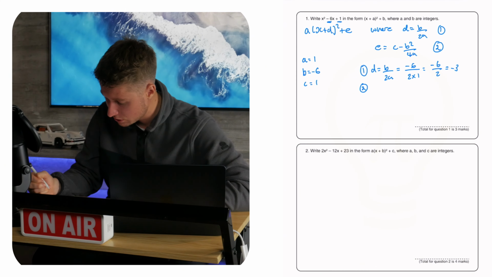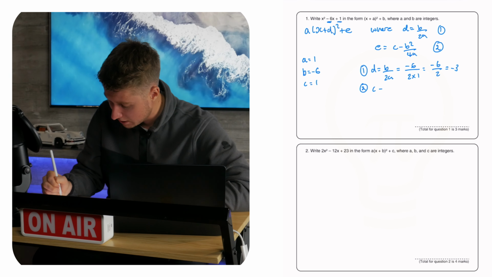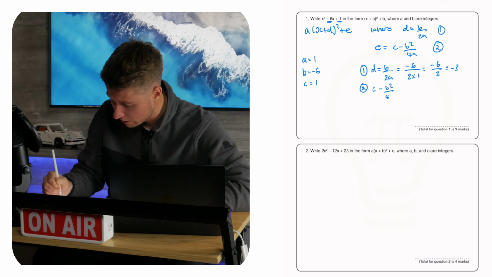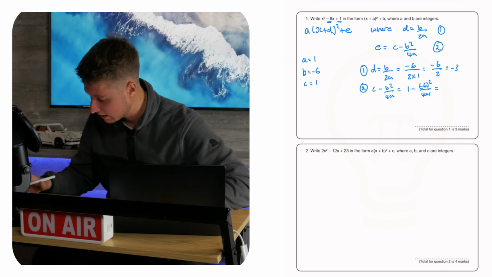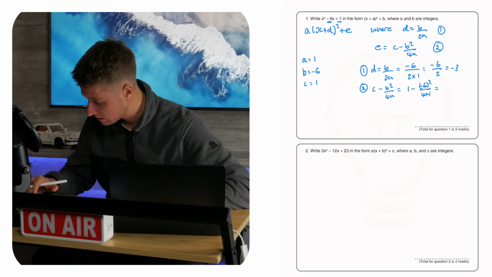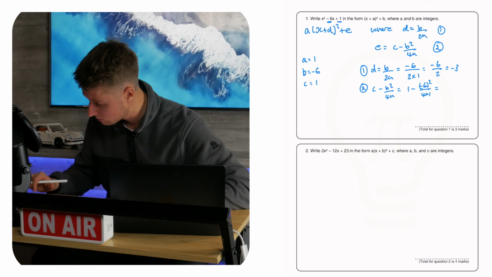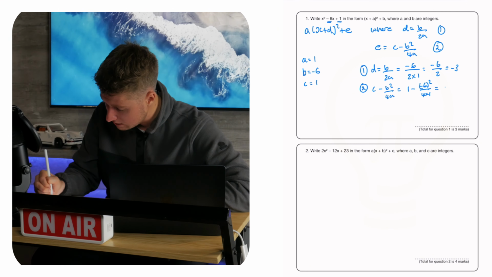And for equation 2, we've got c minus b squared over 4a. So c is 1, subtract b squared, which is negative 6 all squared, divided by 4a, so 4 times 1. So putting this into the calculator, 1 subtract negative 6 all squared over 4 times 1, and this is equal to negative 8.